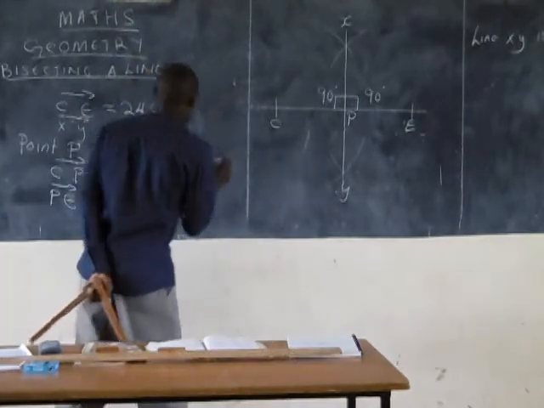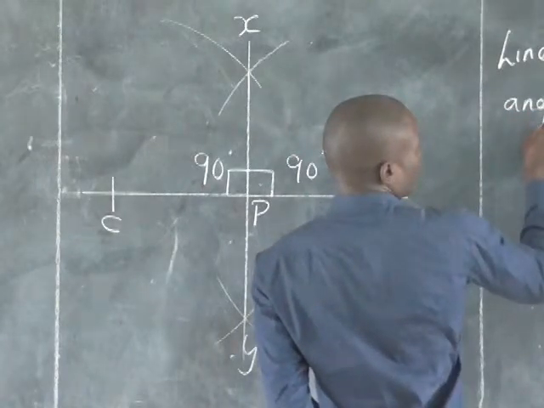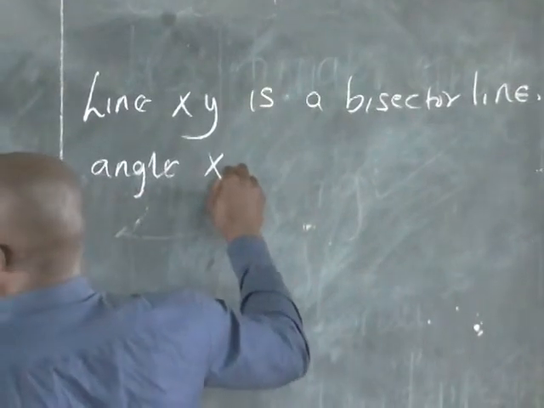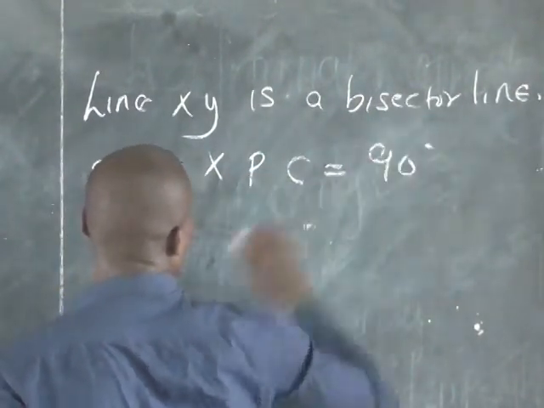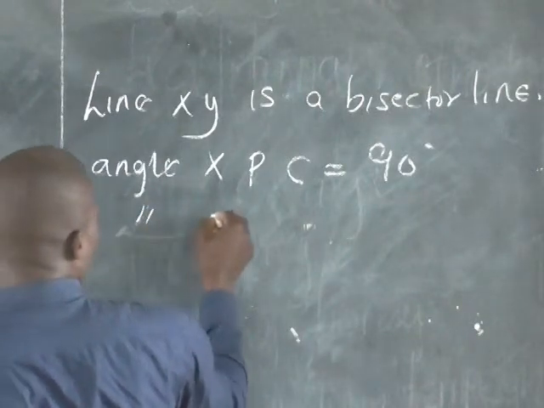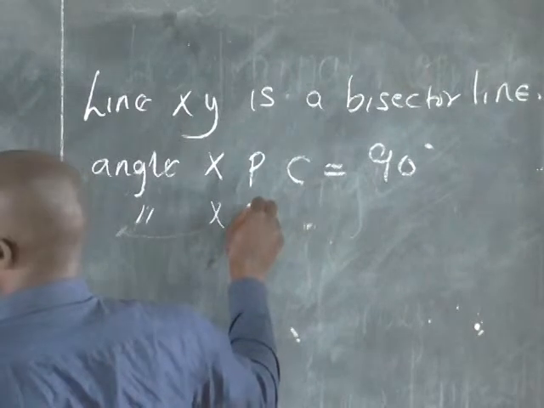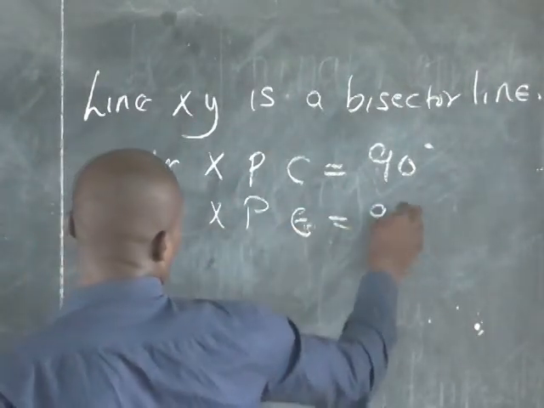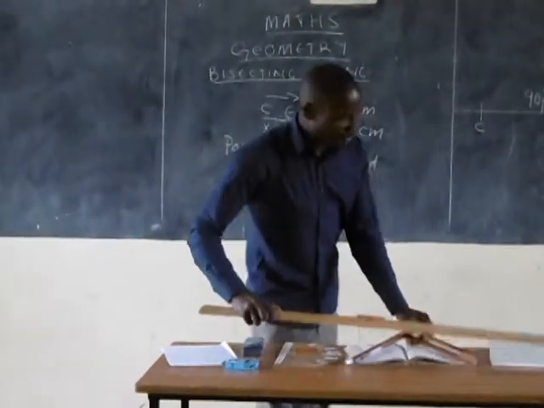Therefore, we have angle XPC equal to 90 degrees, same as angle XPE equal to 90 degrees. Now from our construction we realize that these are very true.